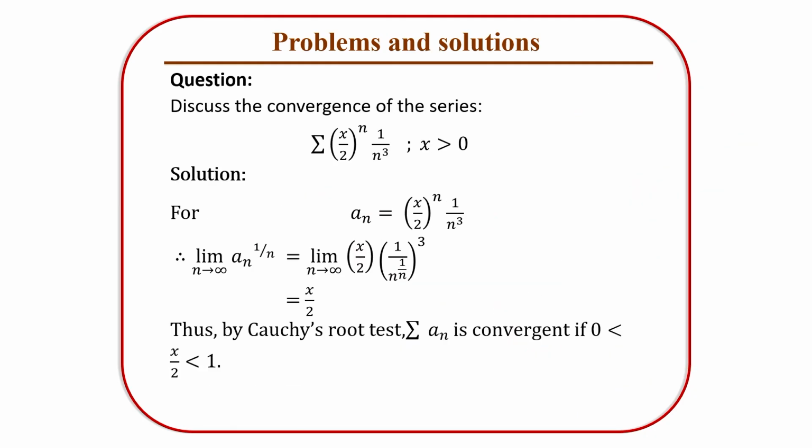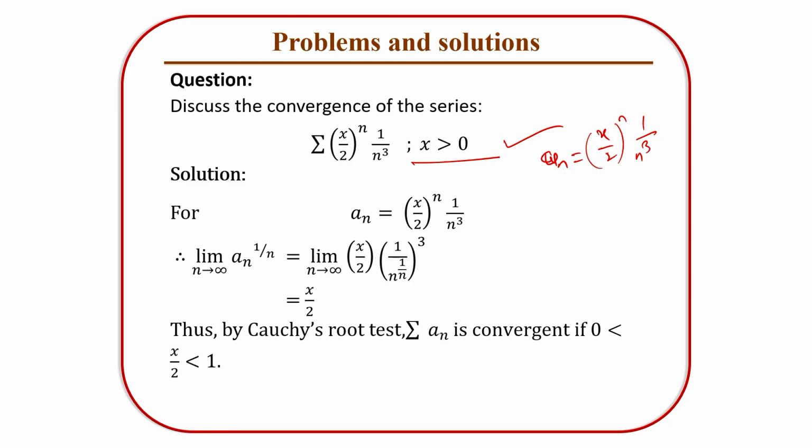Now the next question is also very good, and it contains a variable x. x is greater than 0, with no fixed value for x, and we have to test the convergence of the series whose nth term is given as a_n equals (x/2) to the power n times 1 by n cubed.